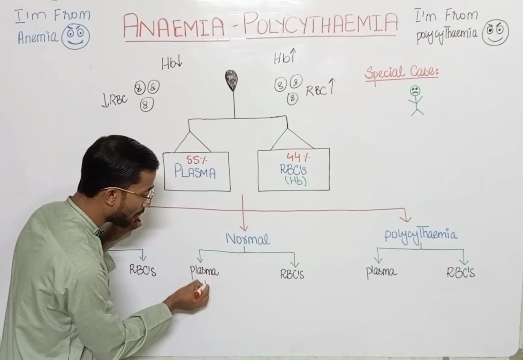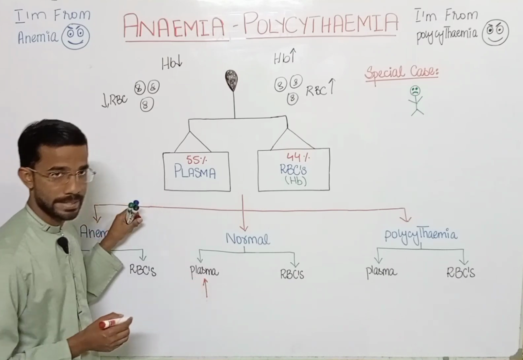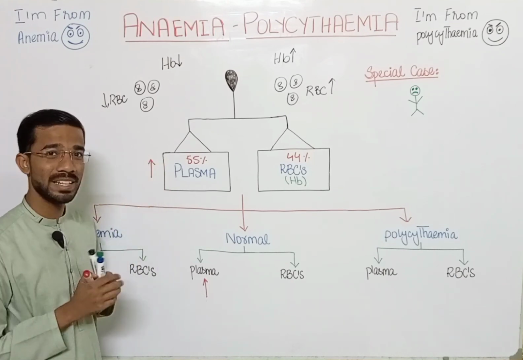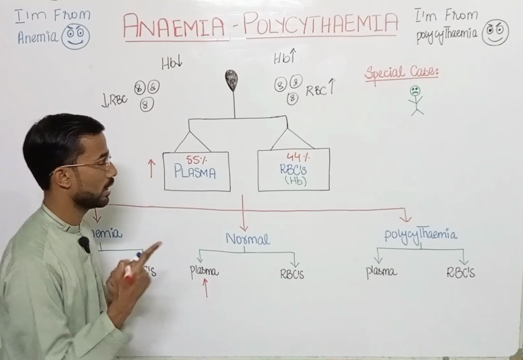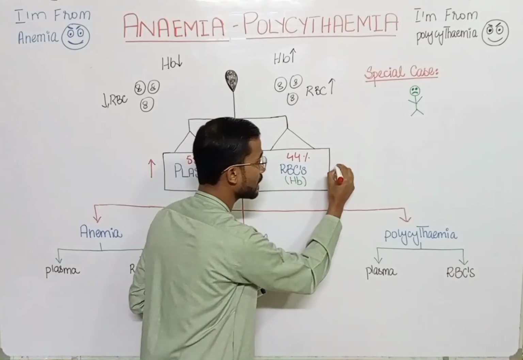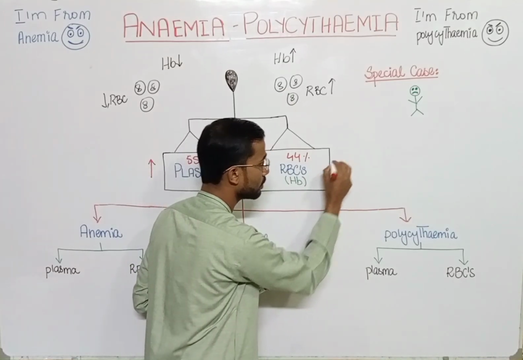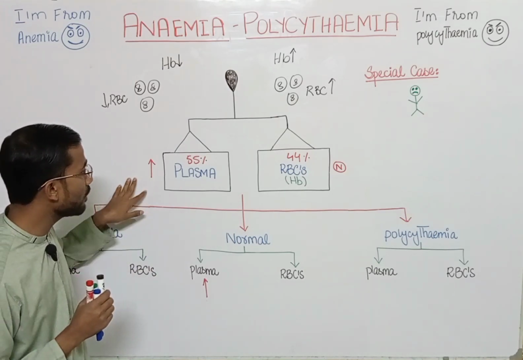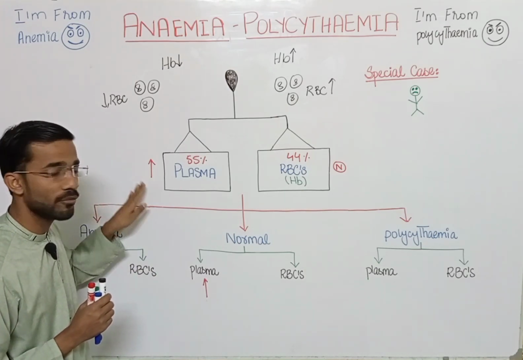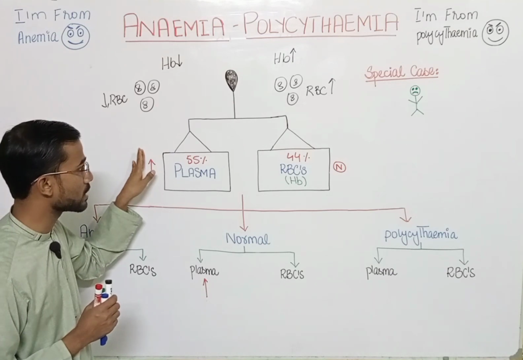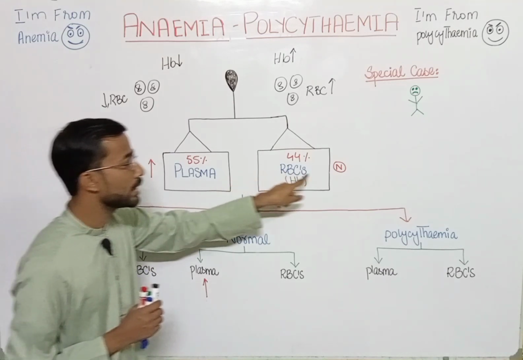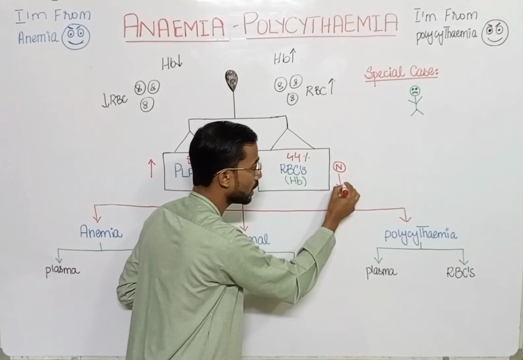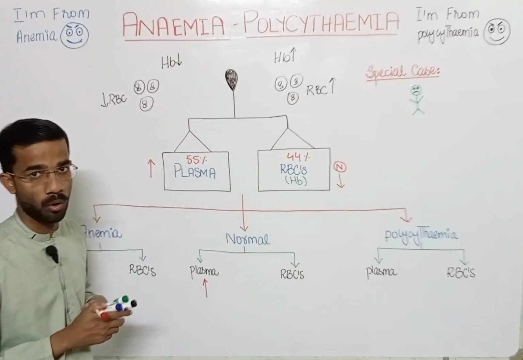First of all, we will discuss the relative situations. Here is the situation when the amount of plasma increases and the number of RBCs is normal. Then what will happen? When the amount of plasma increases, then automatically the RBC number will look like it is decreasing slowly.